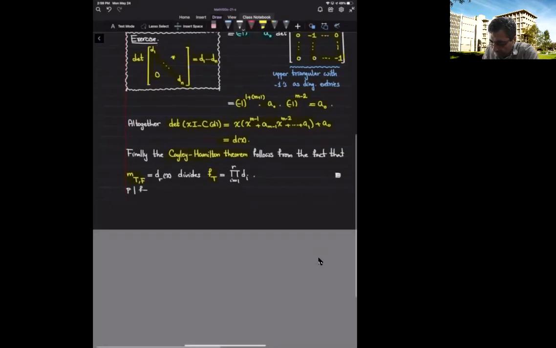And moreover, let me repeat the last part of the argument: if p divides f sub t and p is irreducible, then p divides this product. Because it is irreducible, it should divide one of them.